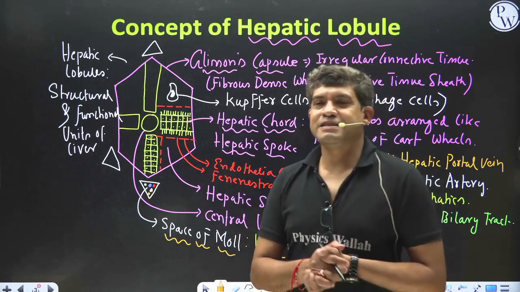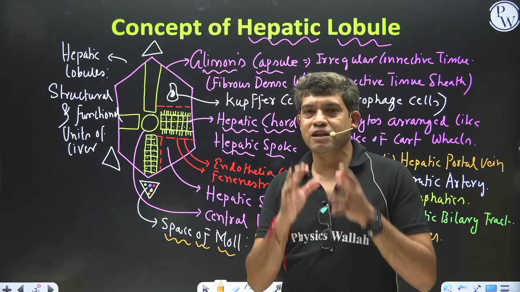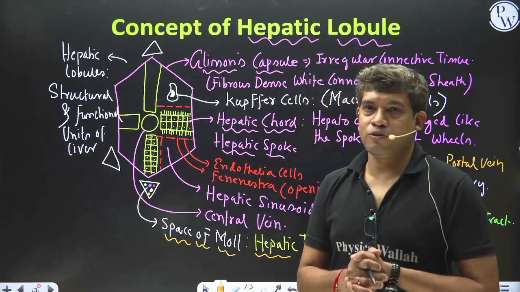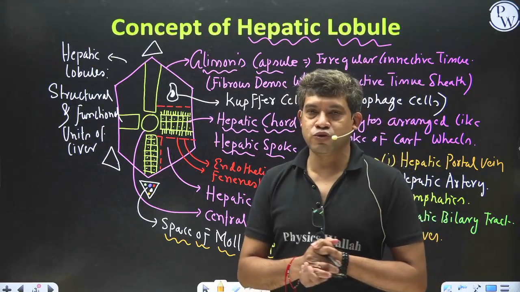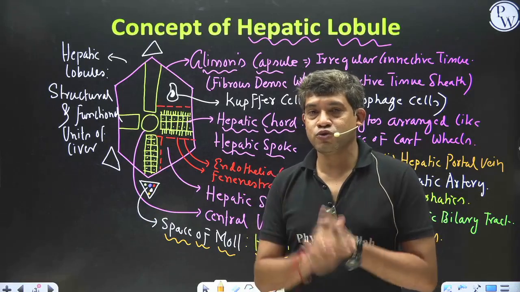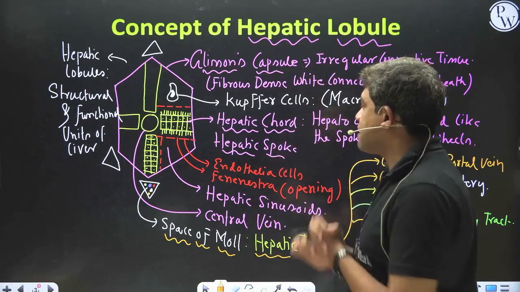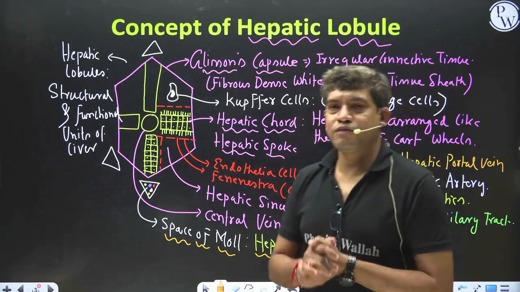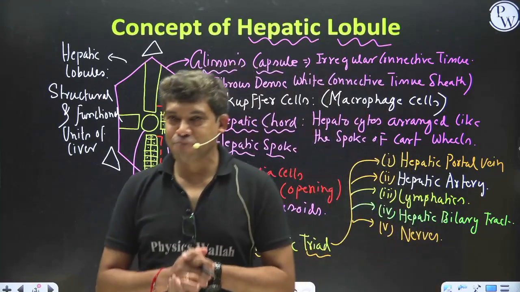It is hexagonal in structure, and each hexagonal unit is enclosed by Glisson's capsule, a dense white fibrous connective tissue sheath. The hepatic cells are arranged like cords, sometimes like the spokes of a wheel, which is why they may be called hepatic spokes.